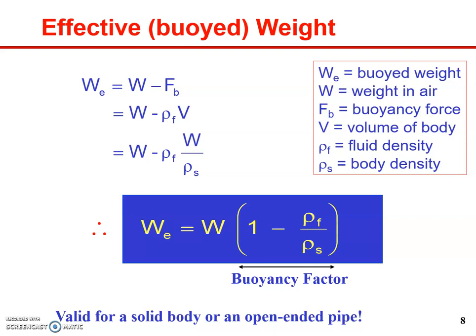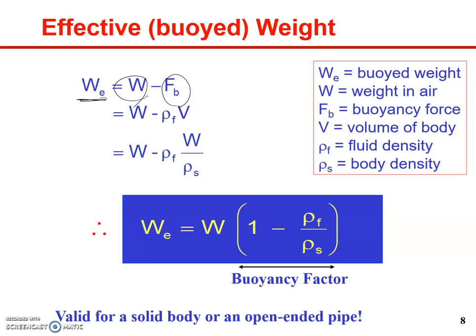When you want to take an object out of the liquid, you feel that you need less force to be applied to it, right? That weight is called the effective weight, which is equal to the weight of the object minus the buoyancy force.